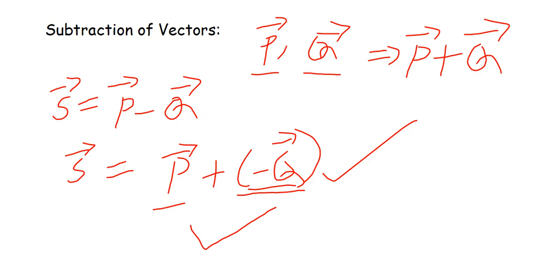This is subtraction of vectors. A vector subtracted from another vector is called subtraction of vectors. So p bar and q bar are two vectors, and the subtraction vector is p bar minus q bar.